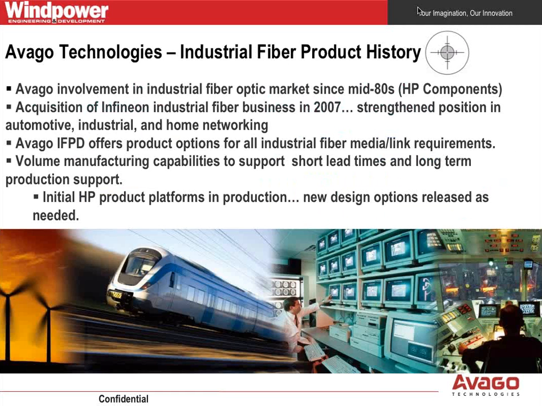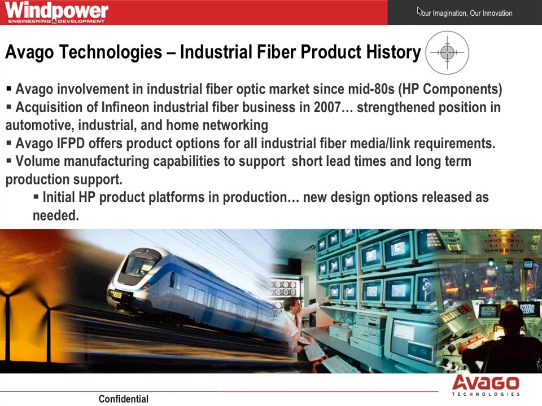Specifically, as it relates to the industrial fiber optics products group, our history dates back to the very early years of Hewlett-Packard. The first products that we released were roughly in the mid-'80s as part of HP Components. In 2007, we acquired the plastic fiber optic group of Infineon.